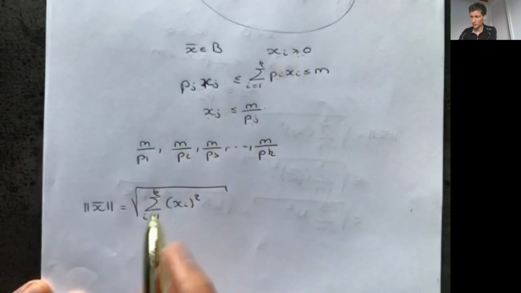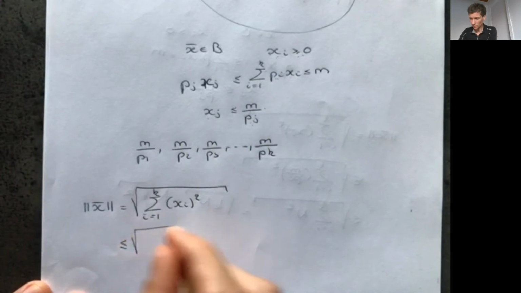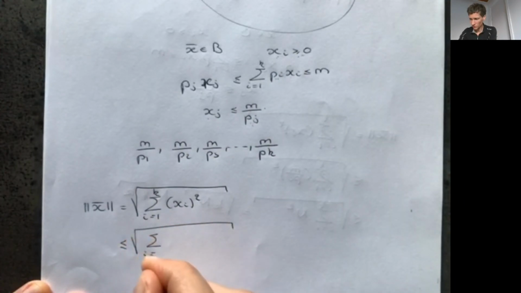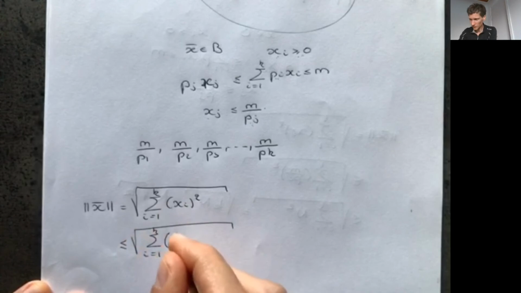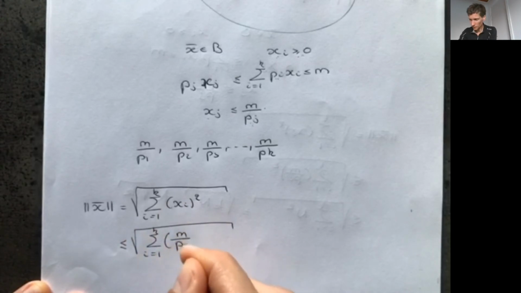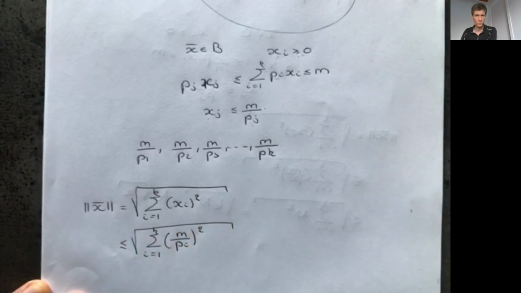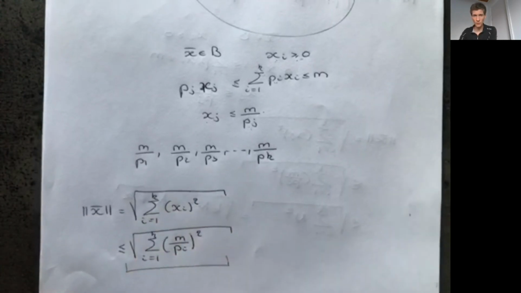The x's are non-negative, so we know that this is less or equal to the square root of the sum from i equals 1 to k of (m over p_i) squared. Now we basically got rid of all the x's. This is just a number; it only depends on income and prices.